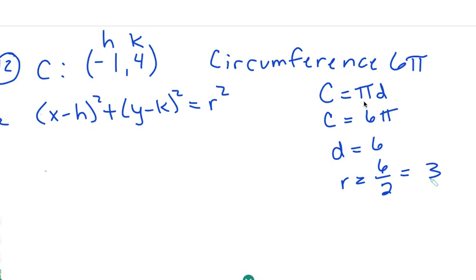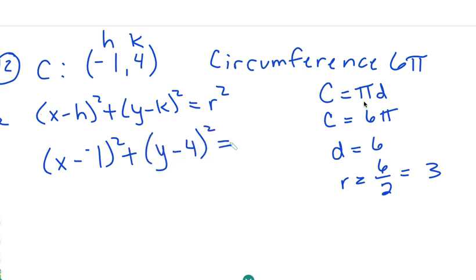Now I have my radius, so now I can do my substitution. So I'm going to do (x - (-1))^2. Make that negative sign a little bit clearer. Perfect. Plus (y - 4)^2 = 3^2. I'm going to look inside my parentheses.